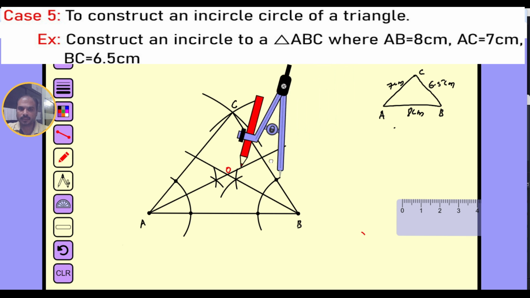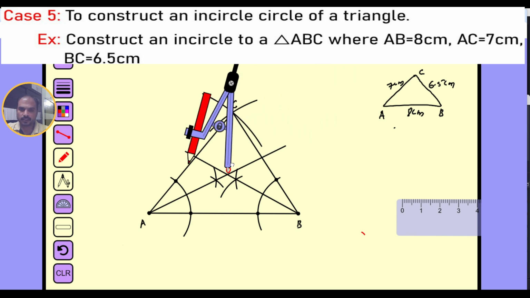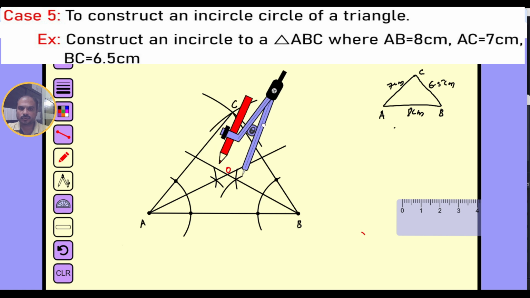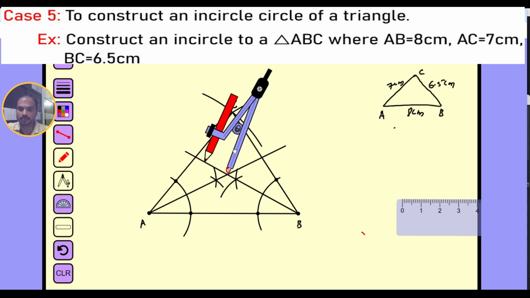Now I'll keep the compass at O and adjust the length of the compass so that, first check whether it is touching all the three sides of the triangle, since we are constructing the incircle. Clear?